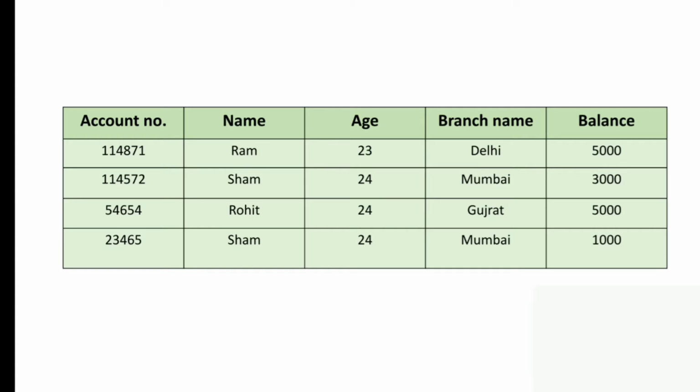So let's say we have got here account number 114871, and this account number belongs to the account holder Ram. His age is 23 and the branch in which his account is, is Delhi, and the balance of that account is 5,000 rupees. So all this information is related to that one account and it's a unique combination, right?